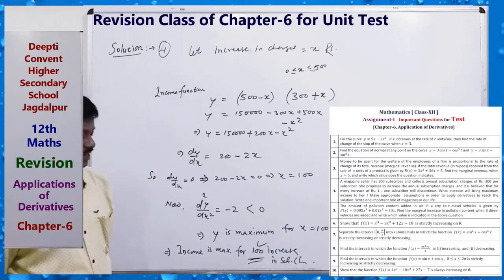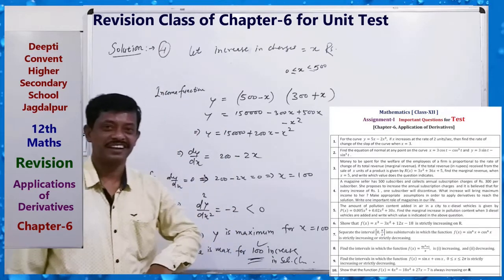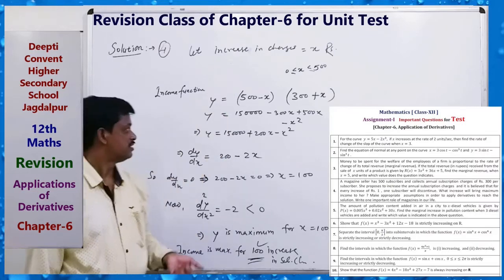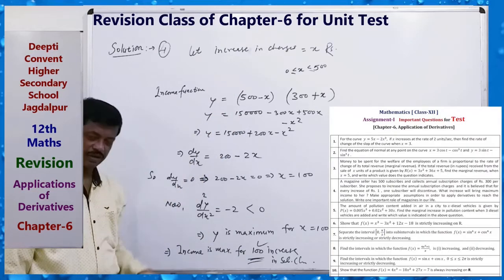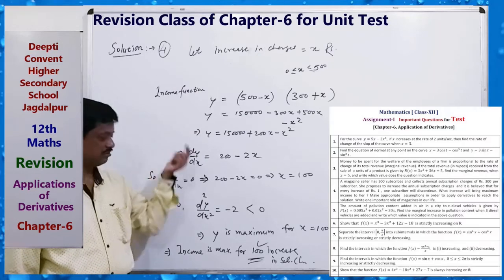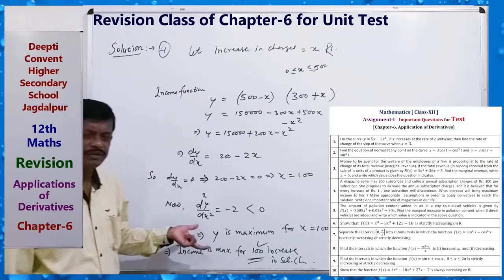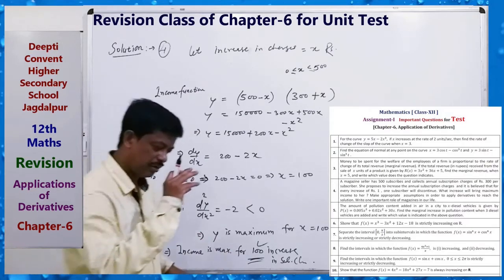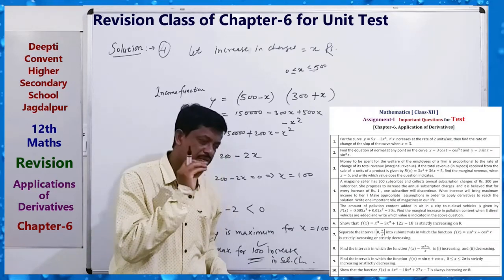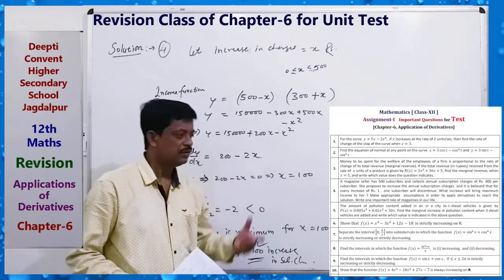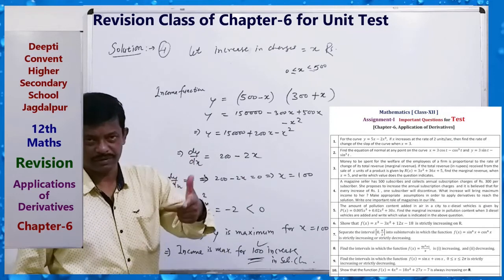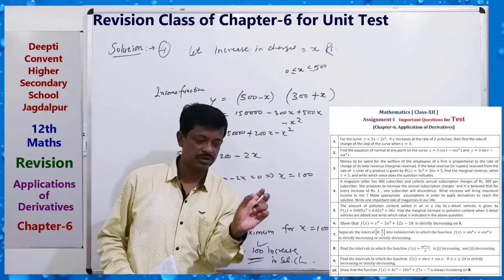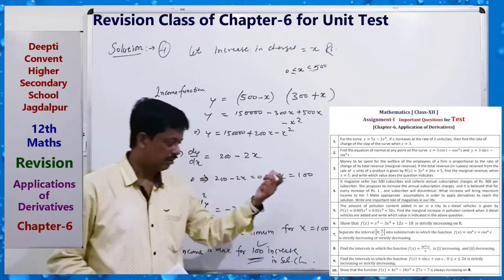So a function may be created according to the question. Here the income function is this, and we have to maximize this function. So apply the process of maximum and minimum: differentiate it, put the first derivative equal to 0 and find the value of x.